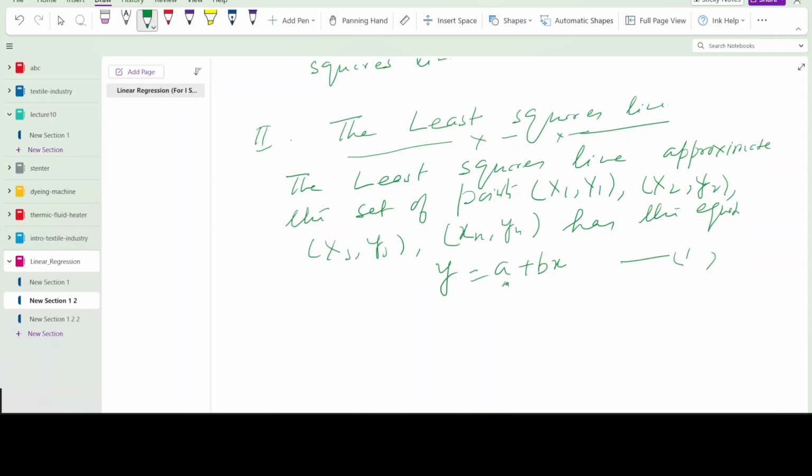Here a is intercept, b is slope, x is independent variable, and y is dependent variable.